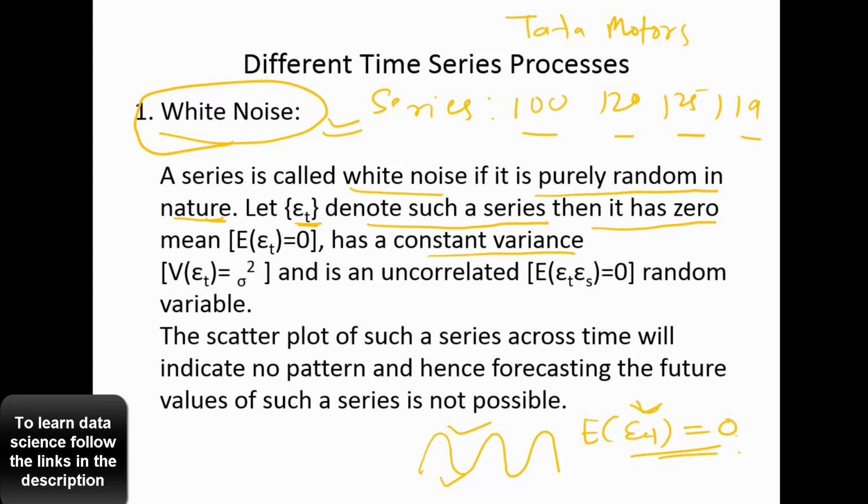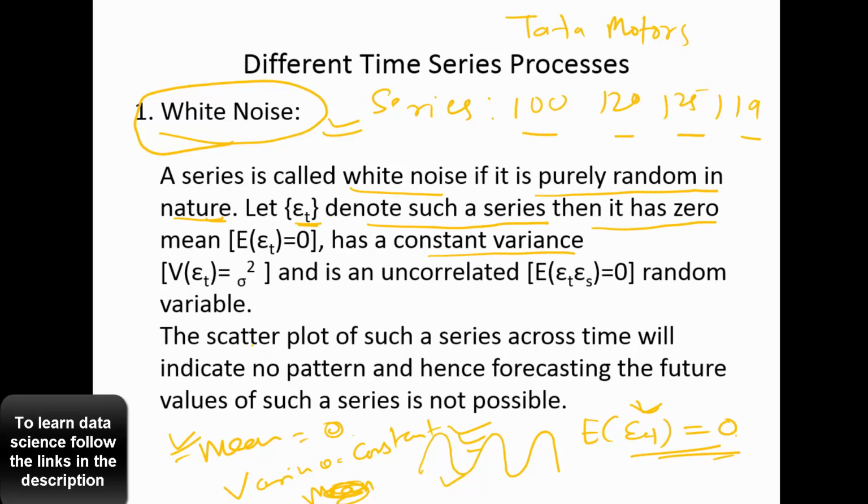So in white noise, the mean should be zero and the variance should be constant.